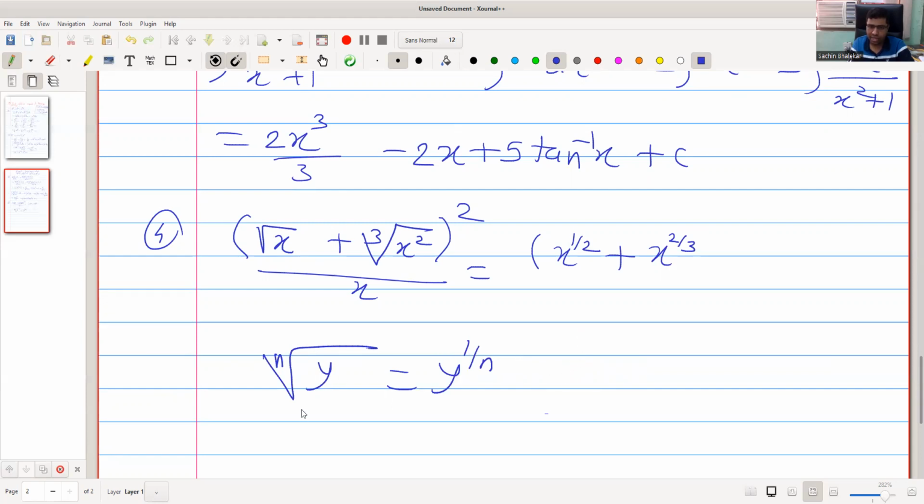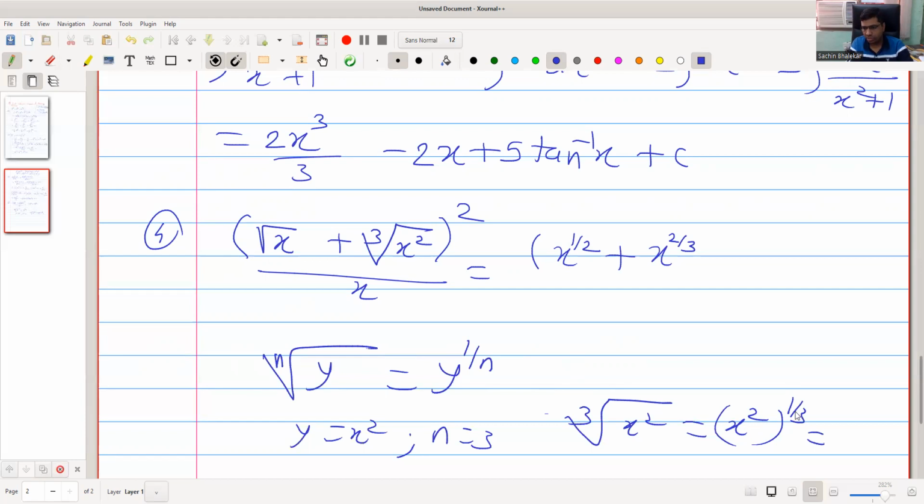And now my y is x square and n is 3. So this cube root of x square is equal to x square raised to 1 upon n, so 1 by 3. And now these are powers. Power of power, so it is multiplication. So x raised to 2 into 1 by 3, so 2 by 3. So here it is x raised to 2 by 3.